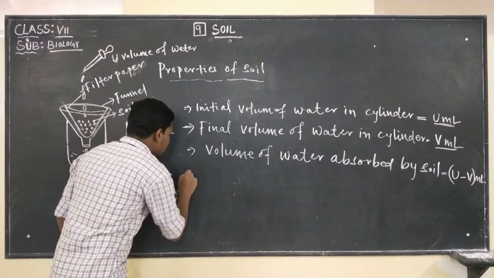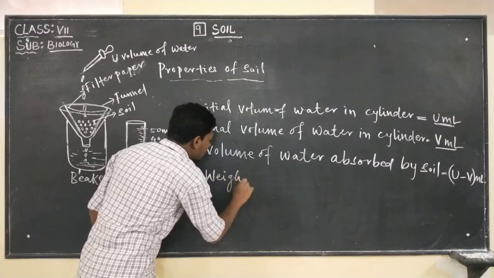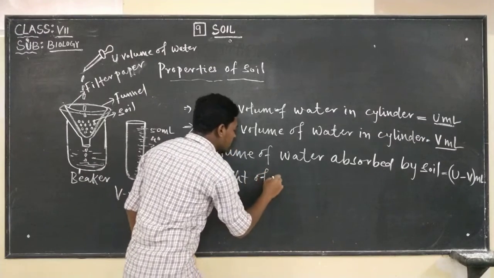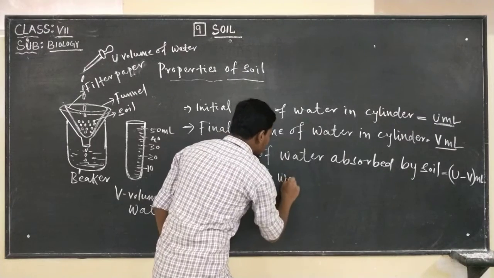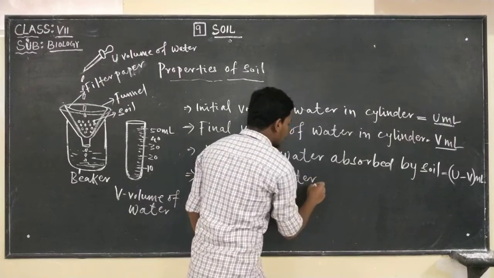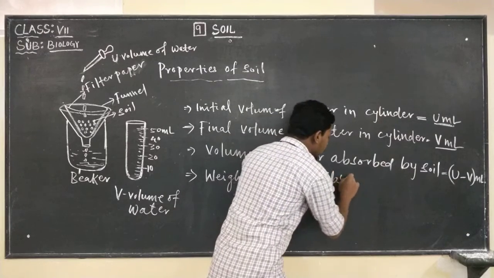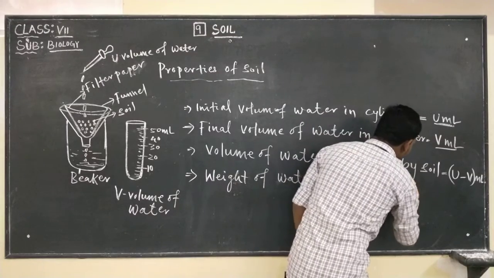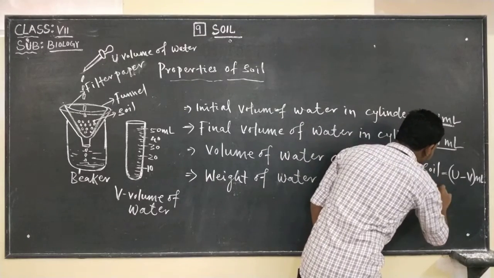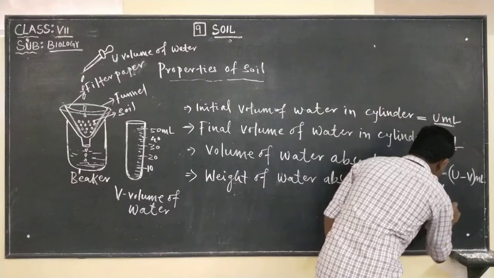Now next, the weight of water absorbed by the soil is U minus V gram.